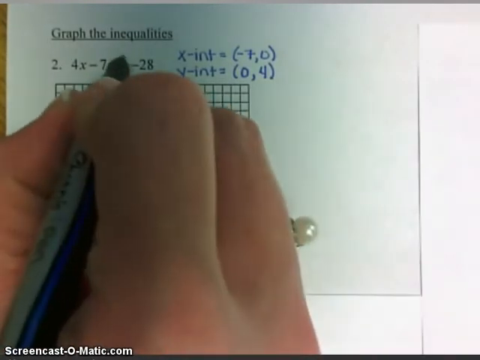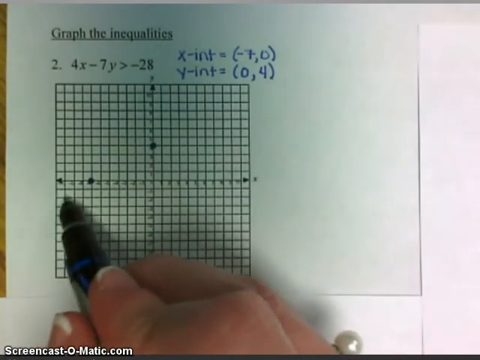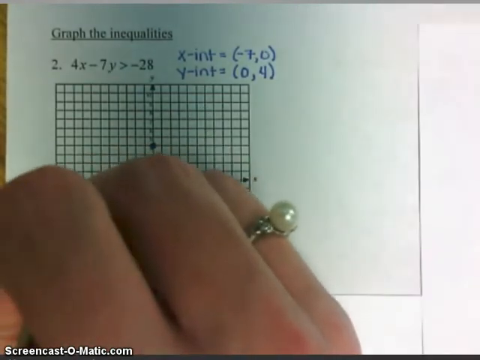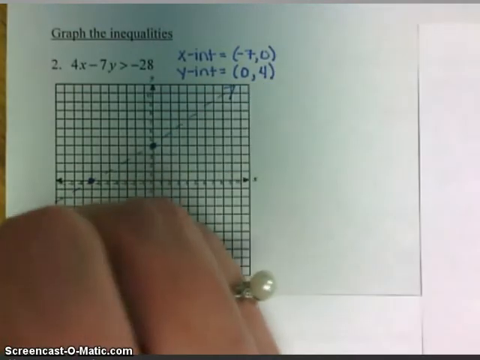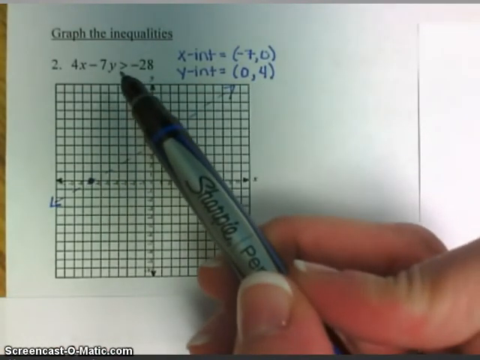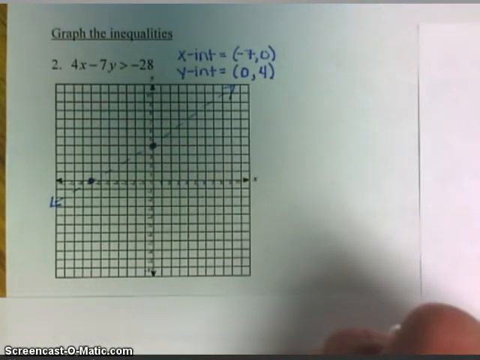My inequality is what's going to tell me. There is not an equal to. That means my boundary line does not work. So it's not going to be a solid line. This is actually going to be a dotted line. There's not a little equal to symbol under here. It's just greater than. So that indicates a dotted line.